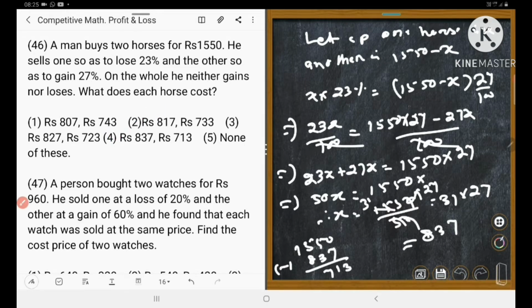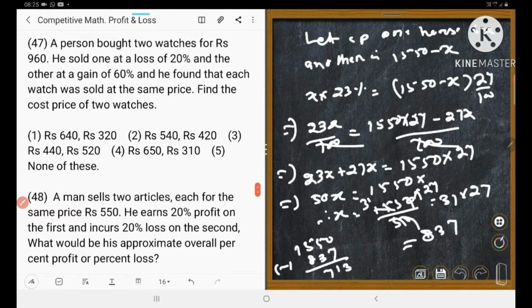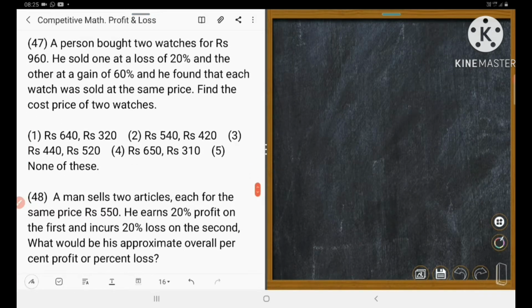Next one, that is 47. A person bought two watches for Rs 960. He sold one at a loss of 20% and the other at a gain of 60% and found that each watch sold at the same price, so he did not make profit or incur loss.